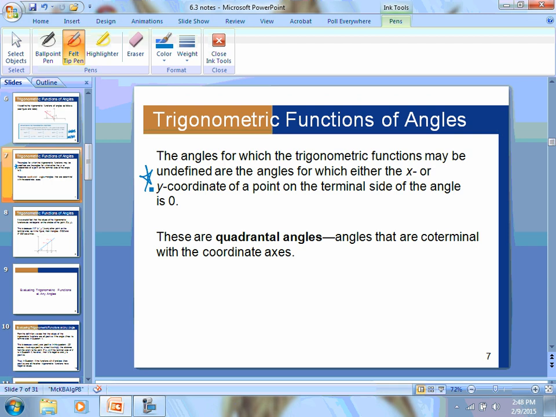Okay, and they give those a fancy name. They call them the quadrantal angles. Okay, so those are the angles that are coterminal on the coordinates of the axes. So if you see that vocabulary word in your homework, that's what they're talking about.